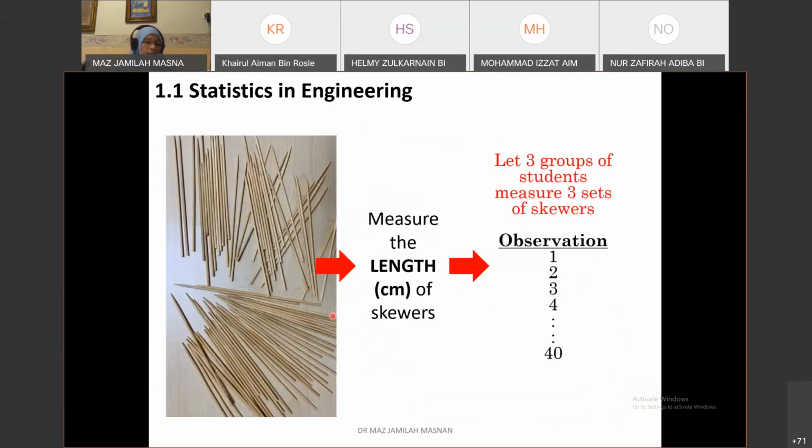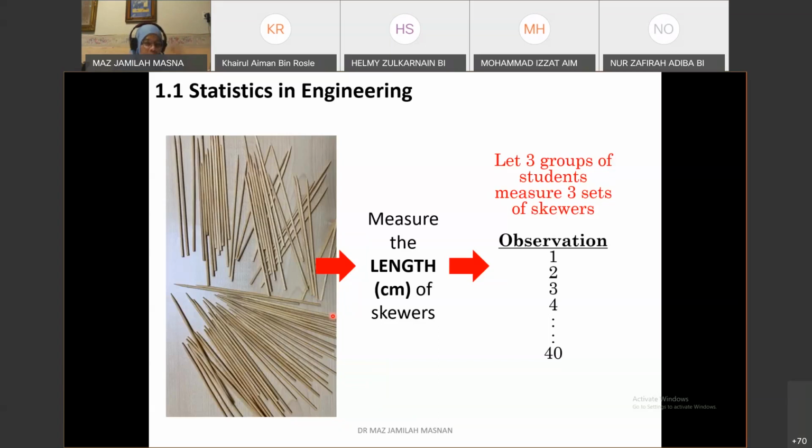As I mentioned just now, I assigned three groups, and each package should contain 400 skewers. I asked each group to take 40 skewers out of every package. So group 1 will have 40, group 2 will have 40 skewers, group C will have 40 skewers. From 400, I asked them to take 40 from each package.